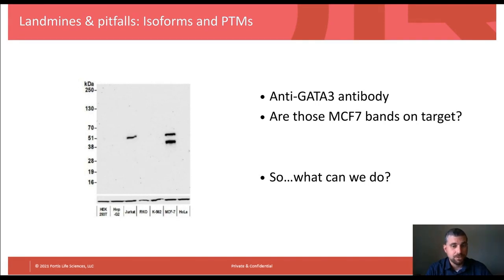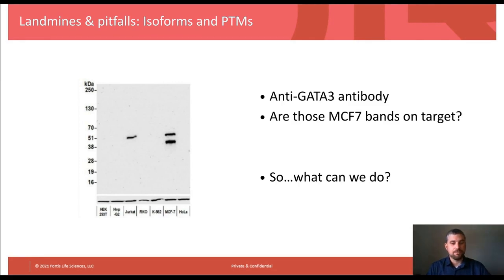In those scenarios, like for example here, as we're blotting with this anti-GATA3 antibody, we're seeing two very distinct bands in MCF7 cells compared to one distinct band in a Jurkat T cell Western blot. And you're left with some questions here. How do I know what that second band is? Is it on target? Is it off target? And if it is on target, how do I prove that it is in fact on target?